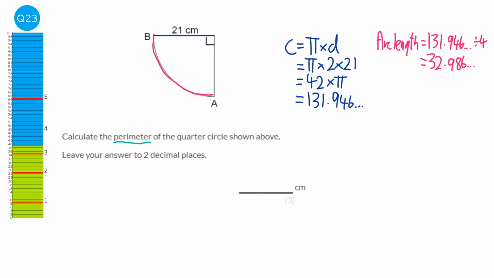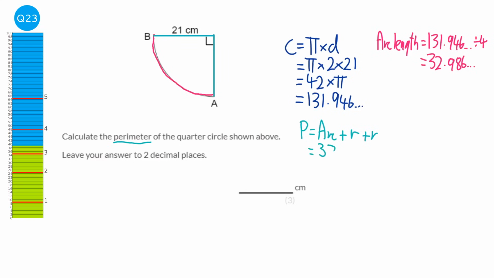Perimeter is the total distance around the circle. So we've also got to add on the 2 parts here, the two radii, to get the full distance around the circle. So the perimeter is going to be the arc length plus a radius plus a radius.